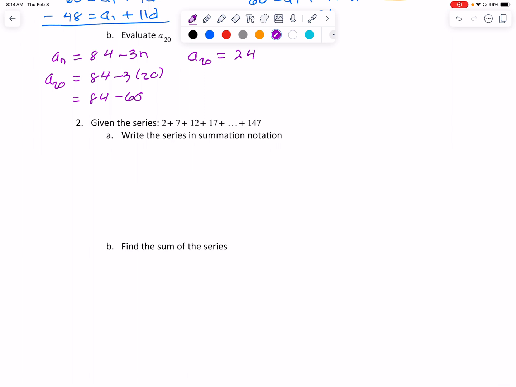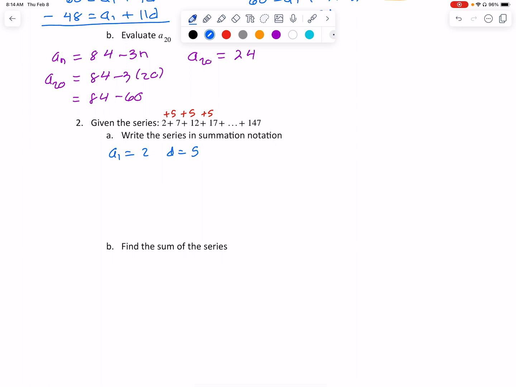For the next one, we're going to write this series in summation notation. The first thing we need to do is figure out what's going on here. See if you agree with me. Looks like I'm adding 5 each time, so this must be arithmetic. What do we know? We know the first term is 2, and the common difference is 5.